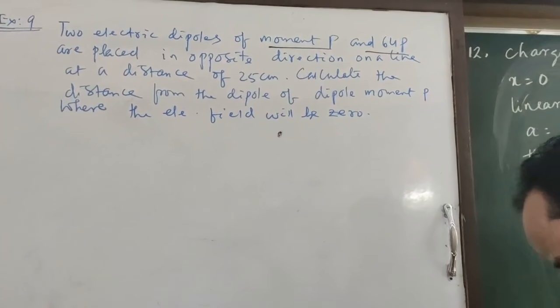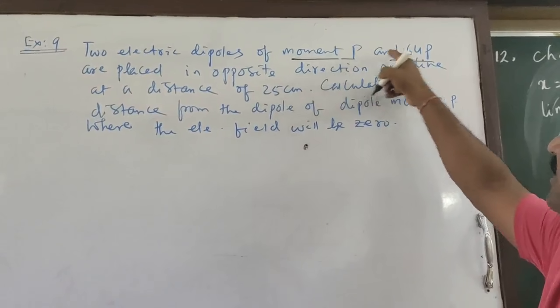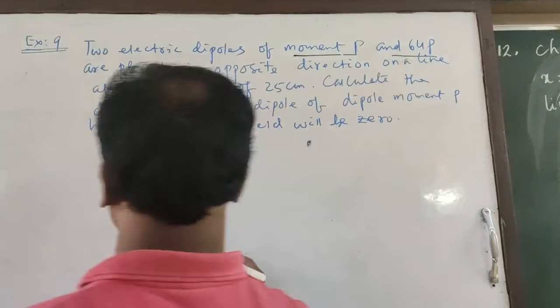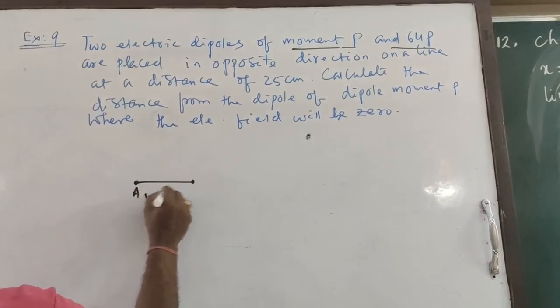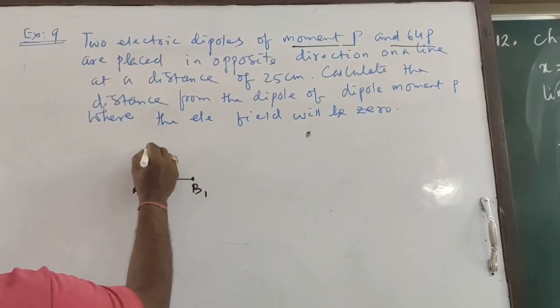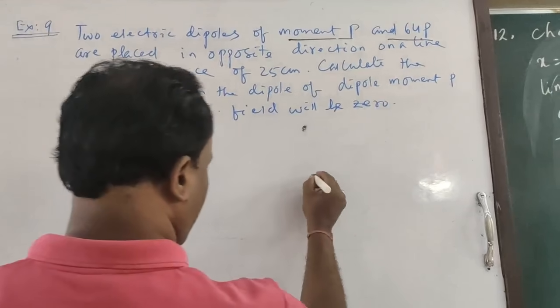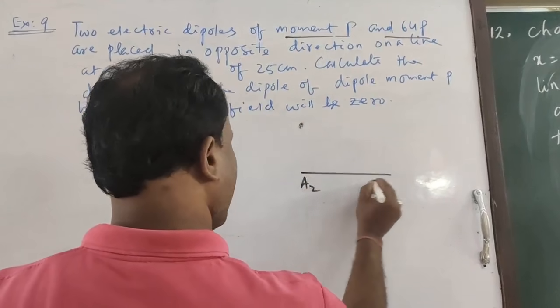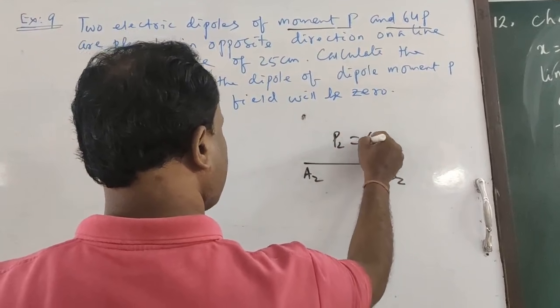Two electric dipoles of moments P and 64P. Suppose two electric dipoles, one A1B1, its dipole moment P1 is equal to P. Another, A2B2, of dipole moment 64P.